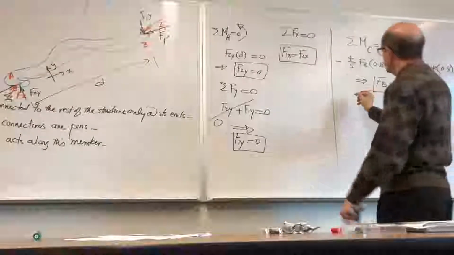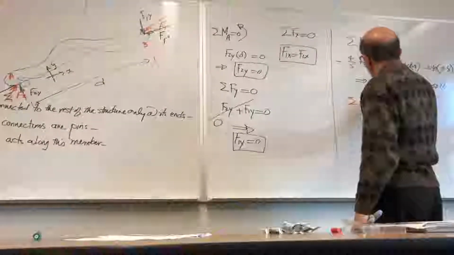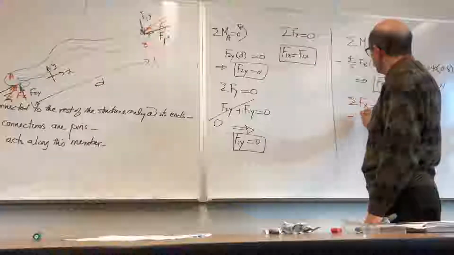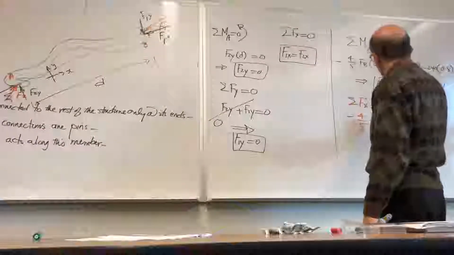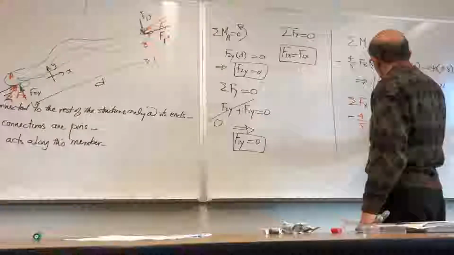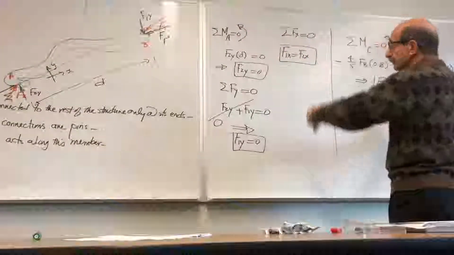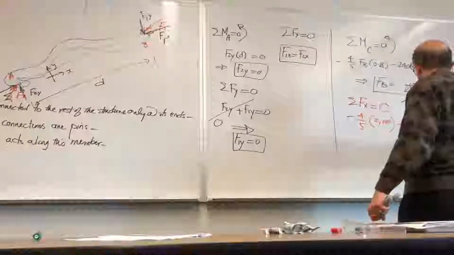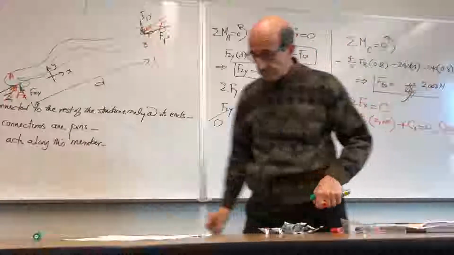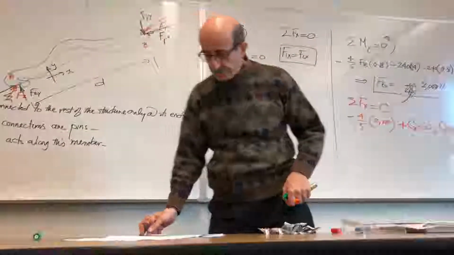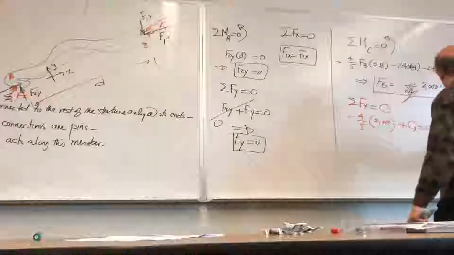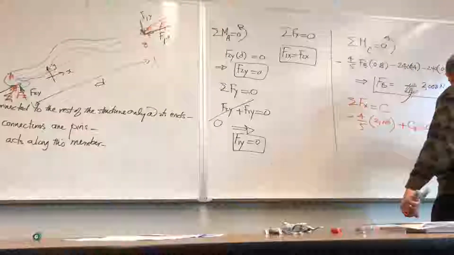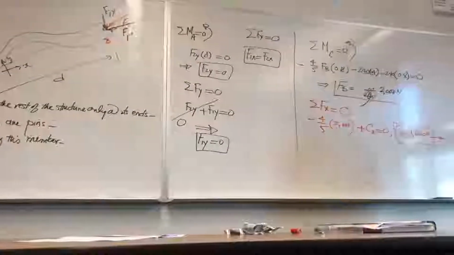Then I go ahead with the other two equations of equilibrium. Summation of forces along x is equal to 0. You have negative 4/5 times FB, which is 2,000 Newton, plus Cx is equal to 0. That'll give me Cx equal to 1,600 Newton, and it acts in this direction, okay?